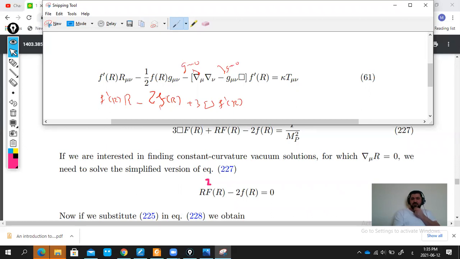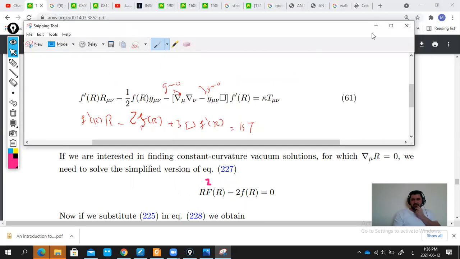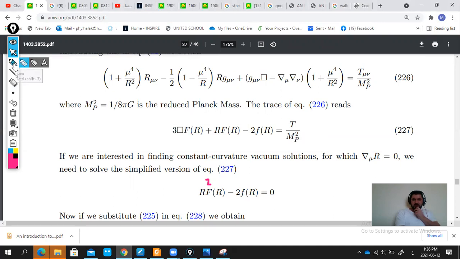So we have 1 minus 4, this is minus 3, with the minus that is plus, and here you have kappa T. Yes, so now we have 3 Laplacian F prime R plus R F prime R minus 2FR equals kappa T. Yes, here also there is a mistake, this should be F prime R. Let me check here: 3 Laplacian F prime R, and F prime R, R. So here, F prime R, there is a prime.